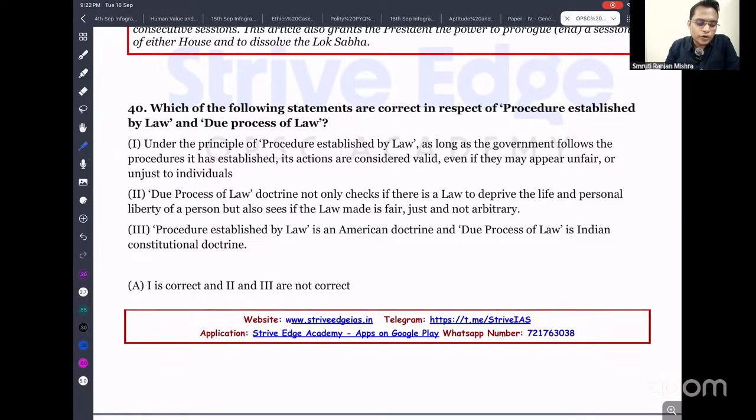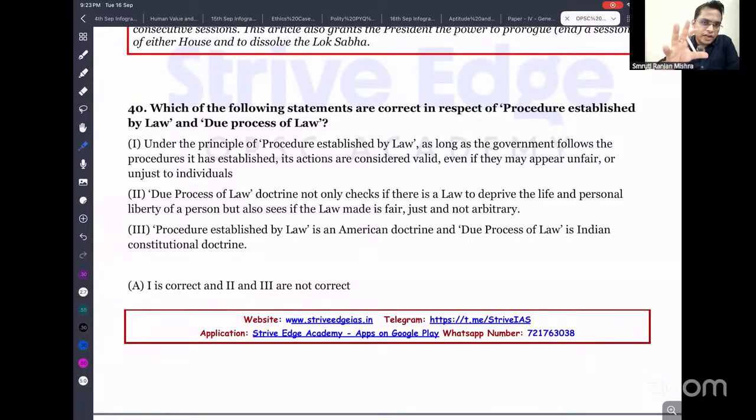Here the Supreme Court not only sees whether you have followed the procedure or not. It also looks into other aspects, like whether the law is just and fair. If the law is not fair, it is arbitrary, then it can be struck down. But on the other hand, procedure established by law is generally followed by India, except in a few circumstances. Only in Article 21 do we follow due process of law. Rest we follow procedure established by law.